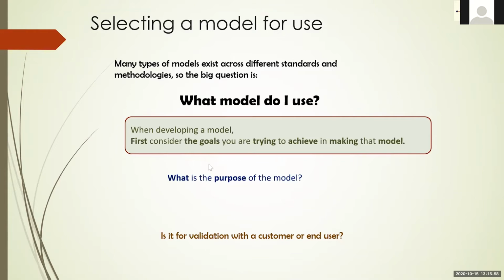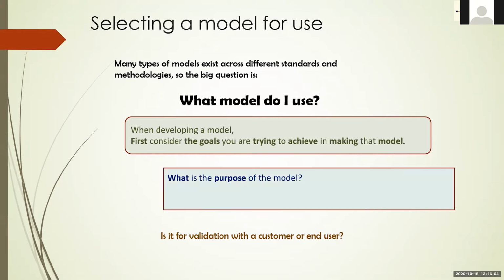No, first ask yourself, what do you want? What's your goal? And then once you have the goal, you can ask yourself, what's the purpose? So for example, what knowledge you want to convey. Another important thing that you may want to ask yourself is, who is your audience? So who is going to consume that model?